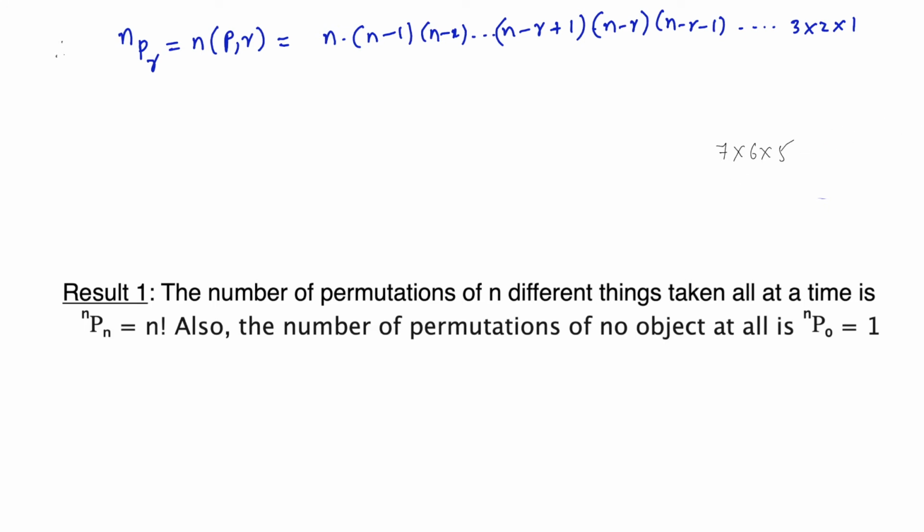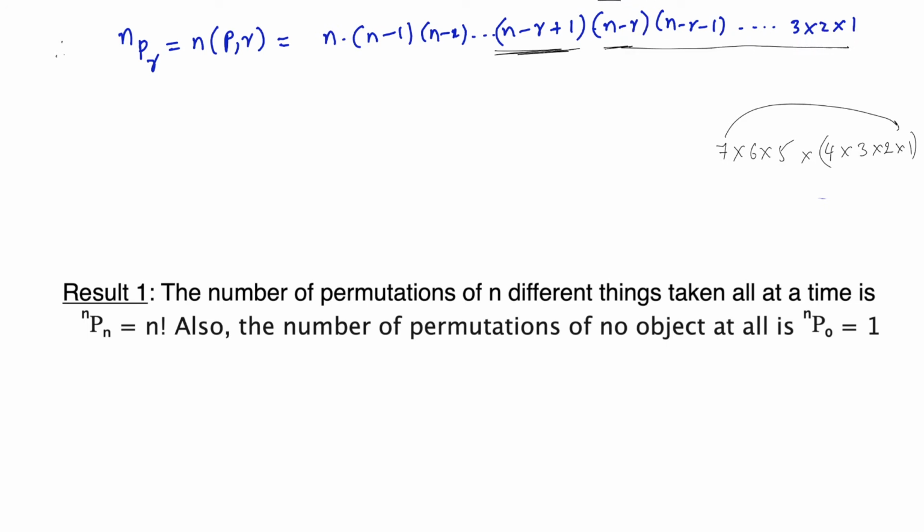You should multiply the next numbers, that is 5 minus 1, 4, 4 minus 1, 3, 3 minus 1, that is 2, 2 minus 1, 1, until the last number 1, so that we can write this as 7 factorial. Similarly, up to n minus r plus 1 is there, the next number can be subtracted by n minus r plus 1 minus 1, that is n minus r, and again next n minus r minus 1, and so on till 1 you get.